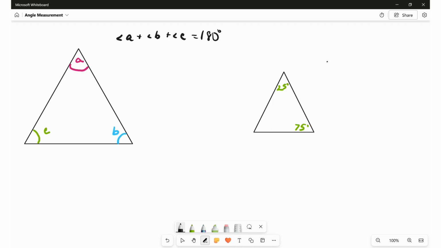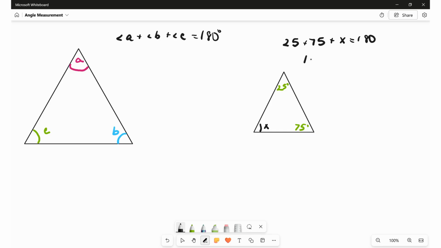Okay. Well, we know that the sum of all of these angles, we're going to call this x. Okay. So we know that 25 plus 75 plus x has to equal 180.